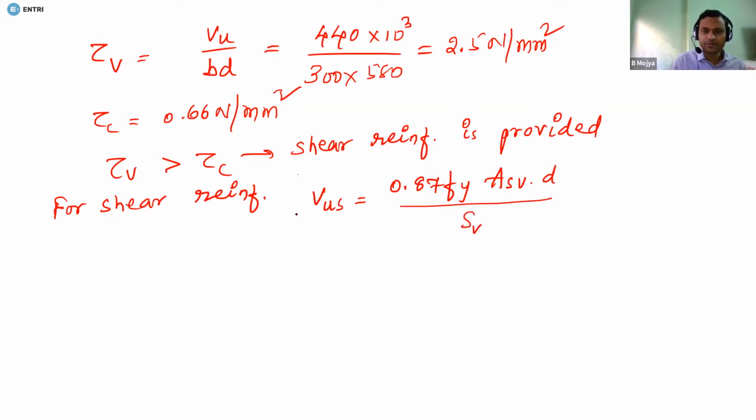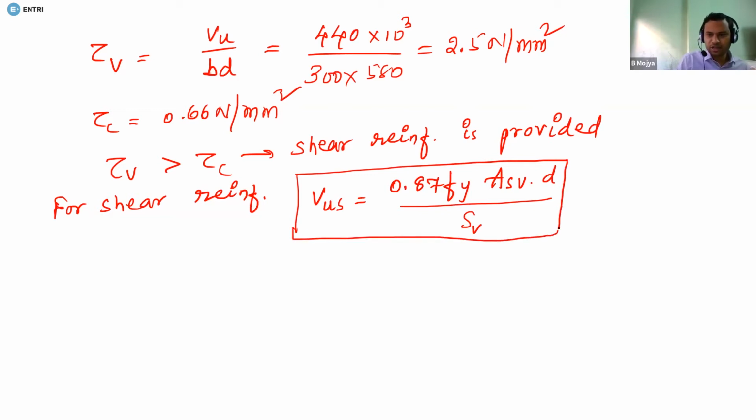This is the basic formula given by IS 456-2000. In this formula, to determine SV, you need to know what VUS is. Here VUS is the design shear force for shear reinforcement.